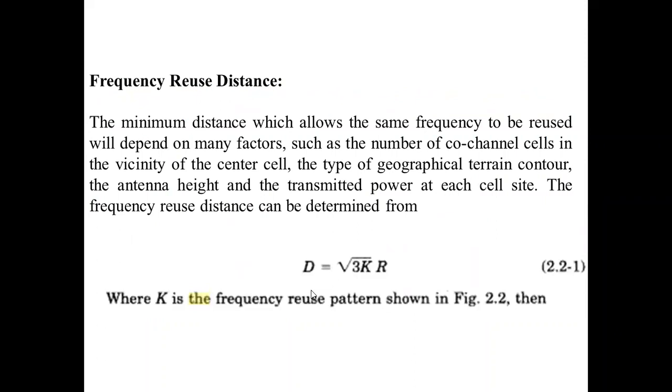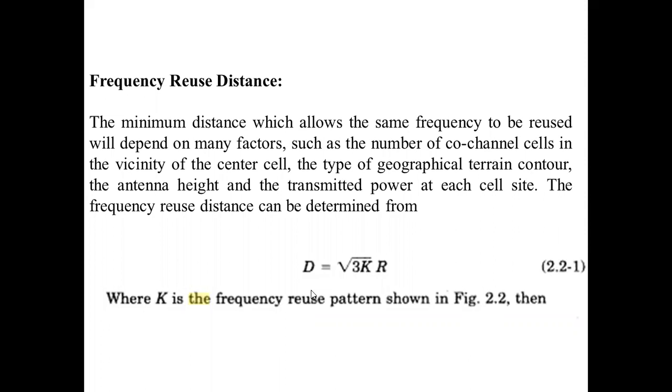As I have already told you, the frequency reuse distance is the distance between two co-channel cells in different areas, denoted by capital D, and D is equal to the square root of 3kR, where k is the frequency reuse pattern. k can be 4, 7, 19, or 12. This is the minimum distance that allows the same frequency to be used in different areas. It also depends on the geographical terrain, the antenna height, and the transmitted power on each cell site.